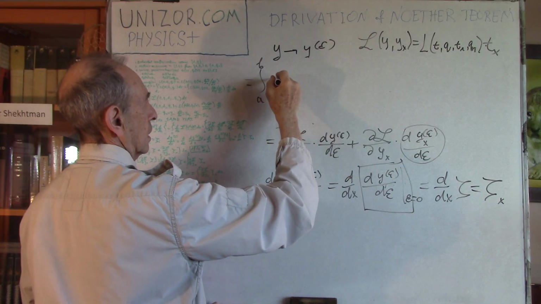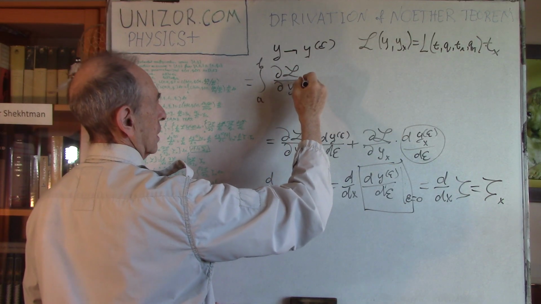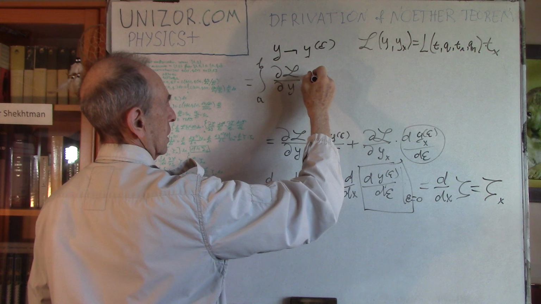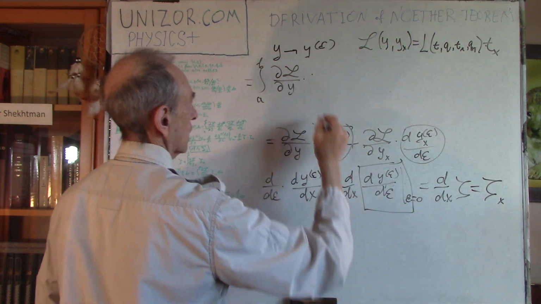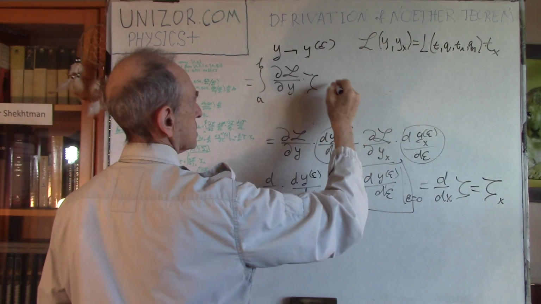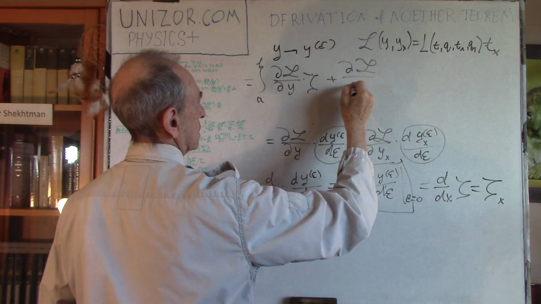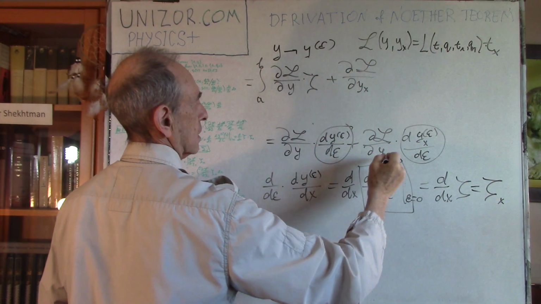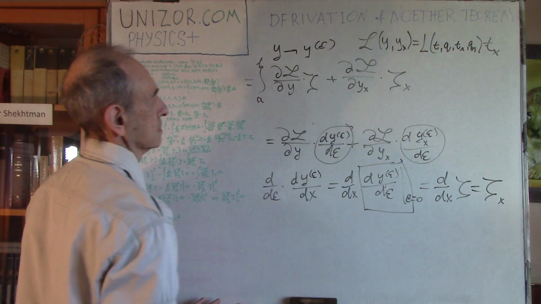It would be dL by dy times, now this thing I have defined as zeta, plus dL by dy_x times zeta_x dx.